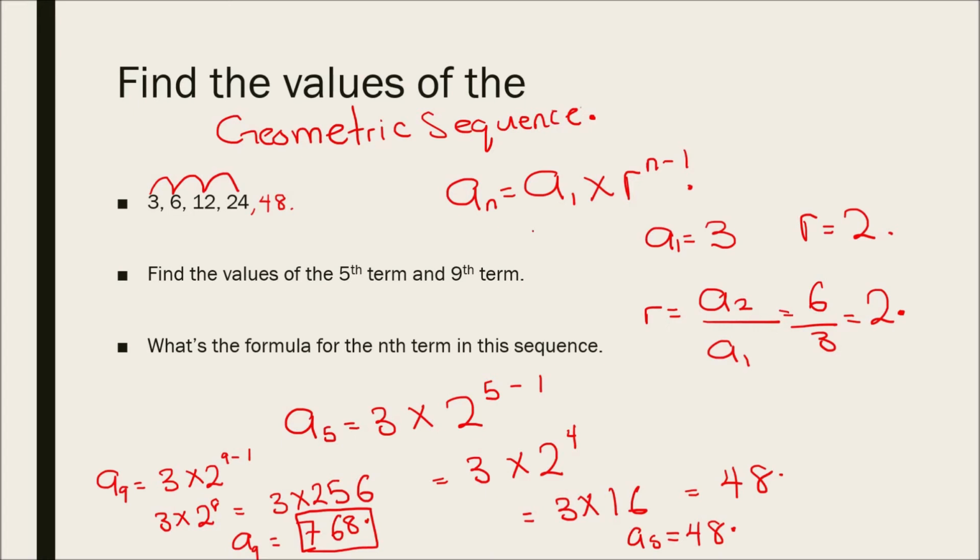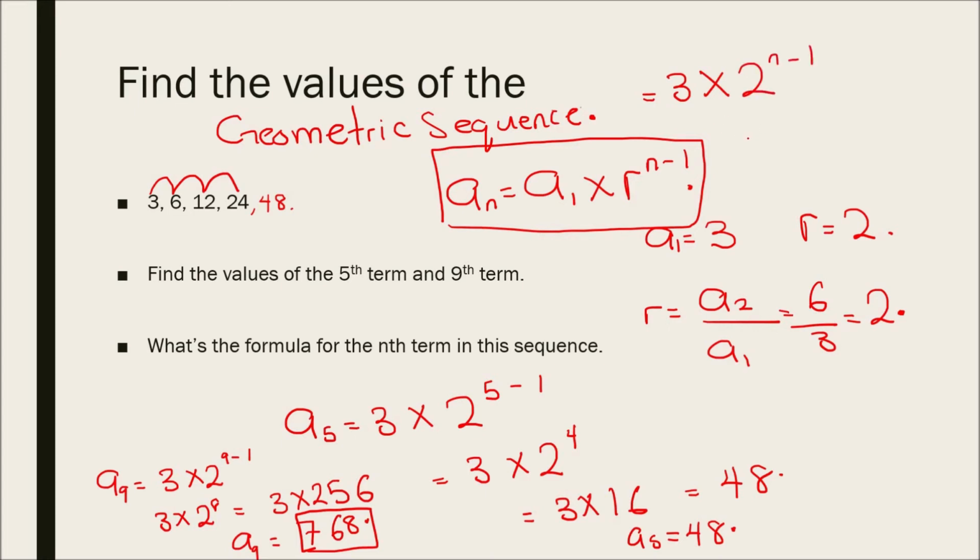Now, remember, the formula for the nth term of any geometric sequence is an equals a1 times r to the power n minus 1. So for this equation, our a1 is 3 times our r, which is 2, to the power n minus 1.